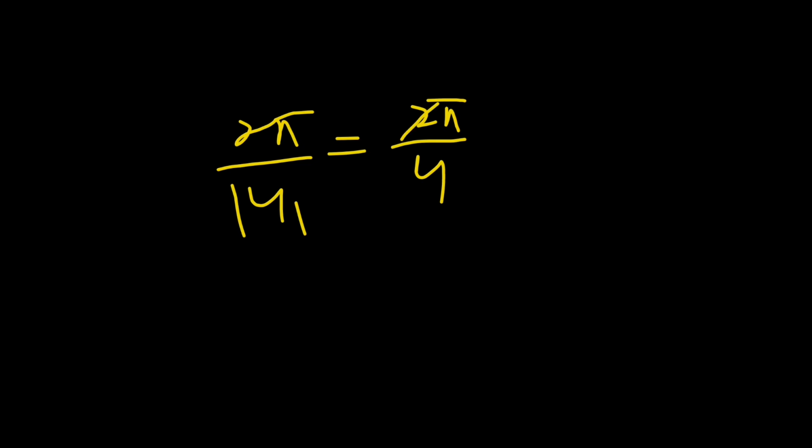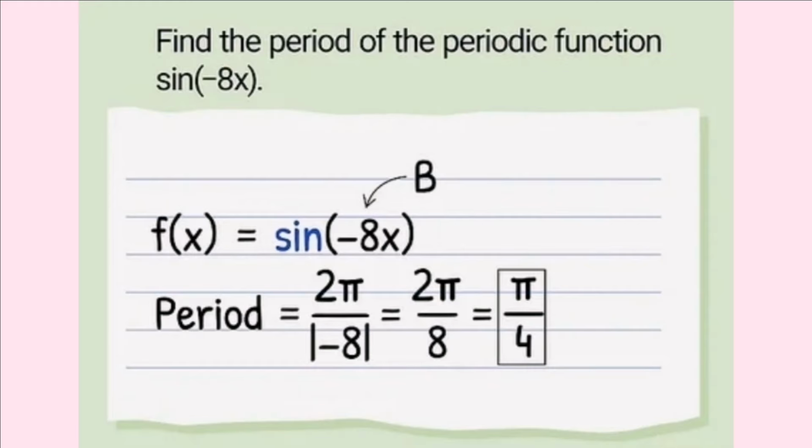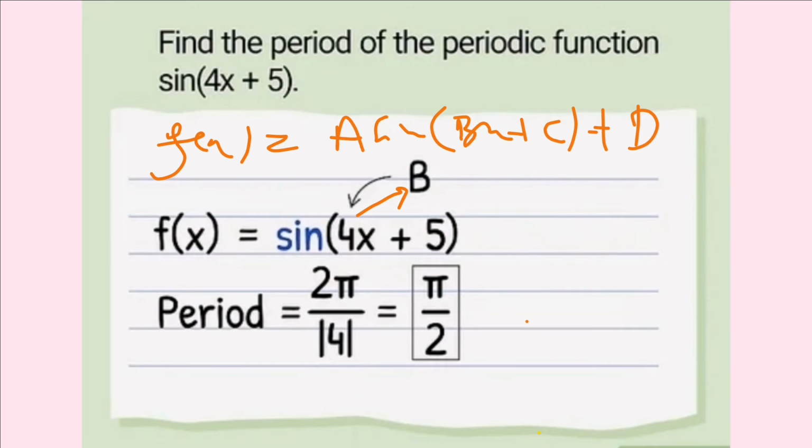So 2 cancels with 2: ones are 2, twos are 4, which is equal to pi divided by 2. So the period of sin(4x + 5) is equal to pi by 2.